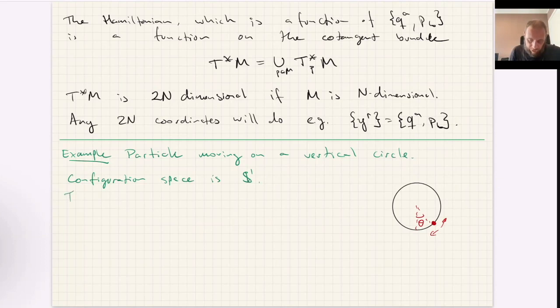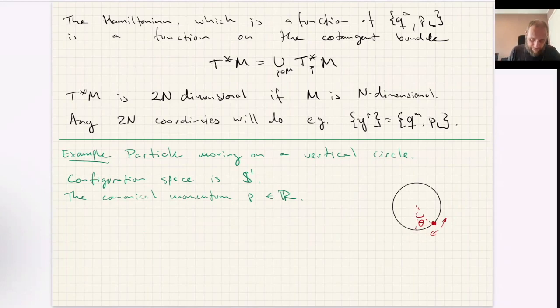whereas the canonical momentum p, that's any real number, right? It can have whatever velocity I can imagine along the circle. It can be any real number, the angular velocity here, right?